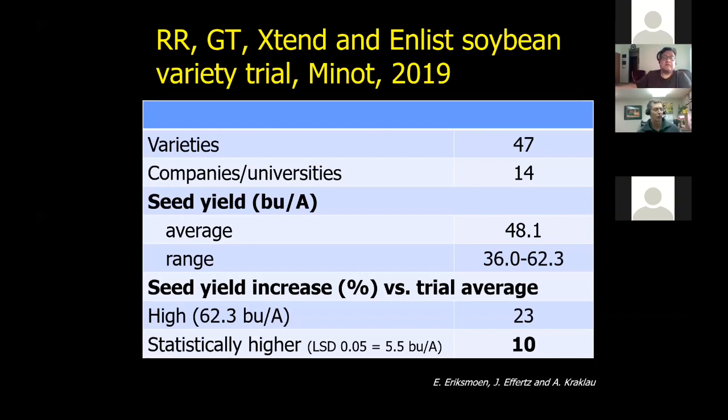And so if we were fortunate enough to choose the very highest yielding variety in this database, look at the yield increase compared to the trial average, 23 bushels. But something more realistic would be just choosing a variety that was statistically higher than the trial average. So in this case, 5.5 bushels greater than the 48 would be a certainly reasonable goal. And if a person did that, there's a 10% increase in yield potential.